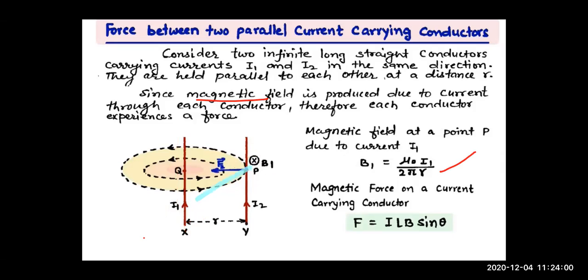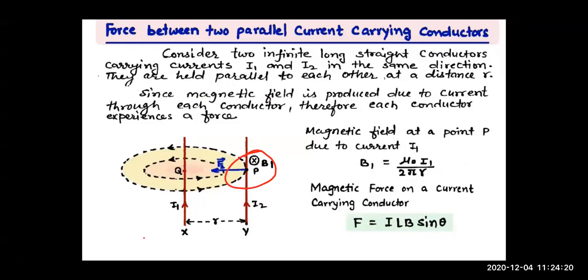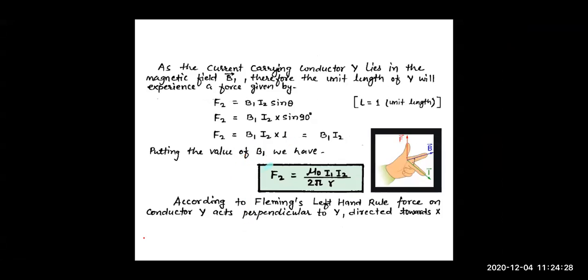Now, the magnetic force on the current carrying conductor, we have done in the previous topic, that is ILB sine theta. We know this is the force magnitude, right? That is ILB sine theta. So suppose we want to calculate the magnetic force for this wire carrying current I2, then the formula for the force will be F2 equals I. Current कितना था wire 2 में?